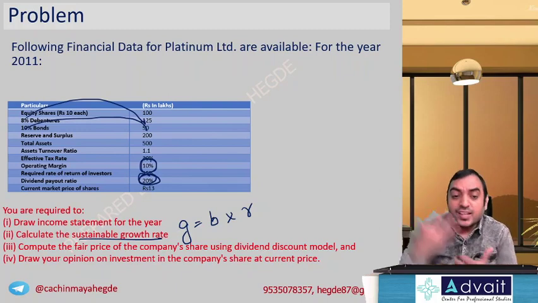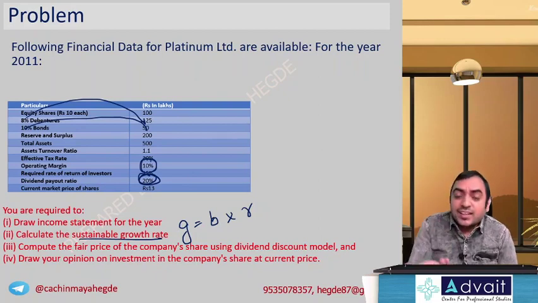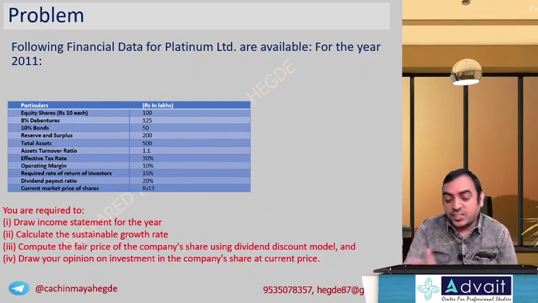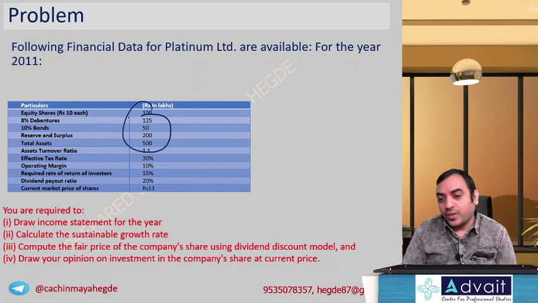But what about return on investment? That is not given directly in the problem. Let's calculate return on investment or return on assets, return on equity, whatever you call it. Return means PAT. We have already calculated PAT. Then multiplied by the retention ratio, we get growth rate.